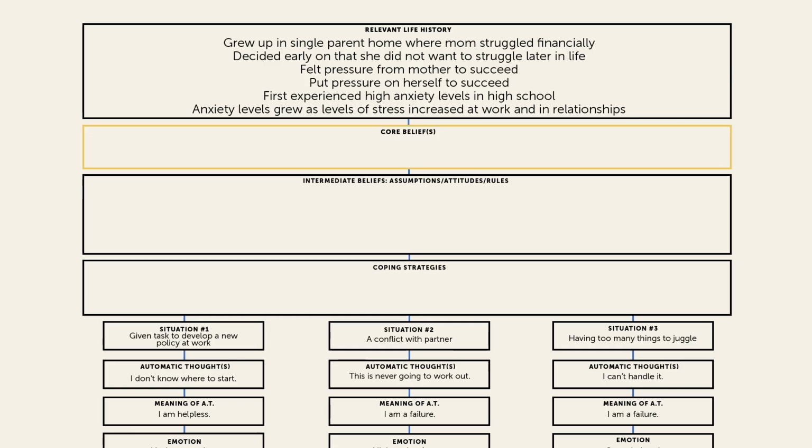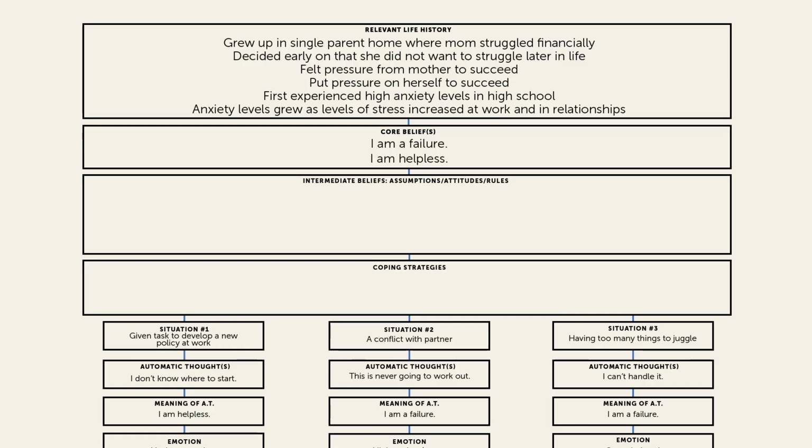Next, I filled in Kate's maladaptive core beliefs using her own words. To do so, I asked Kate's permission and used the downward arrow technique to identify the meaning of automatic thoughts in 3 different situations. For each thought, I asked her, if this thought was true, what would that mean about you? And if that is true, what would it show about you?